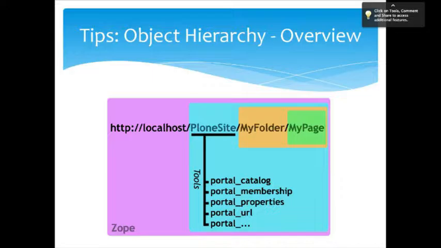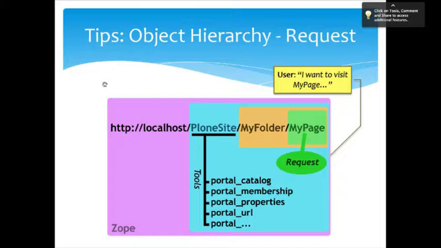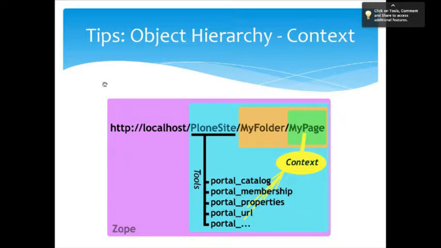So, how does this really work with context? A user comes in and says, I want to see my page. The request comes in and builds up your context object. Now your context object is hooked into the last traversable object, the last object in the traverse chain. So it is my page. Now your context is hooked into my page here.